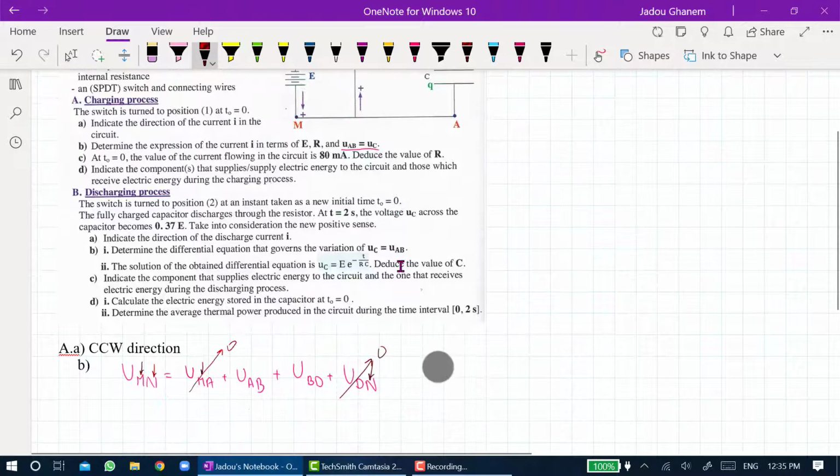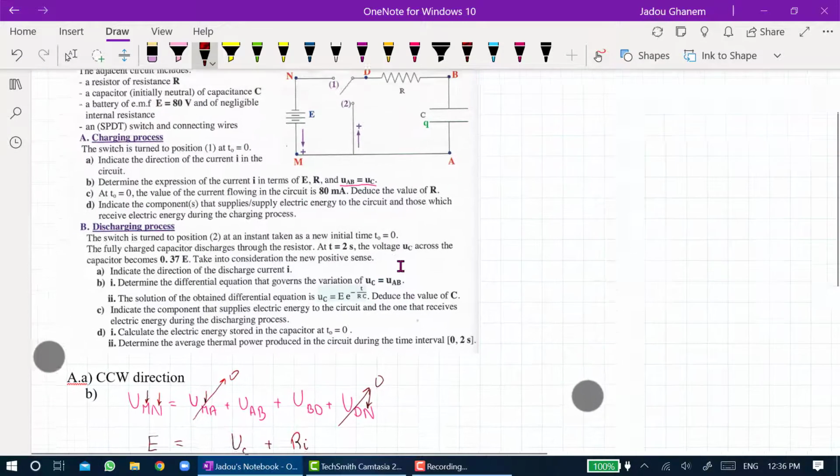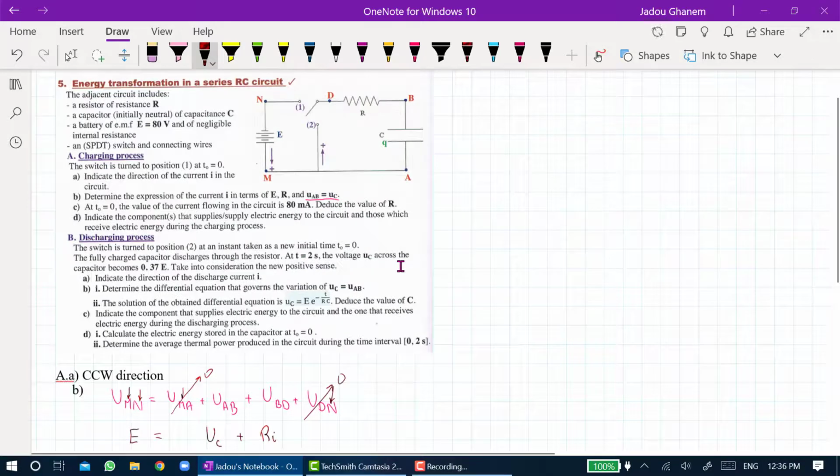So this is U generator, and we can directly take the symbol given, which is E. UAB is UC, and this is U across the resistor, which is capital R multiplied by I.